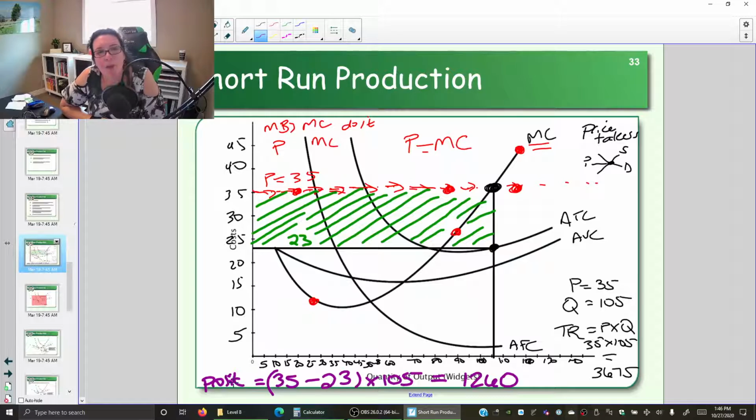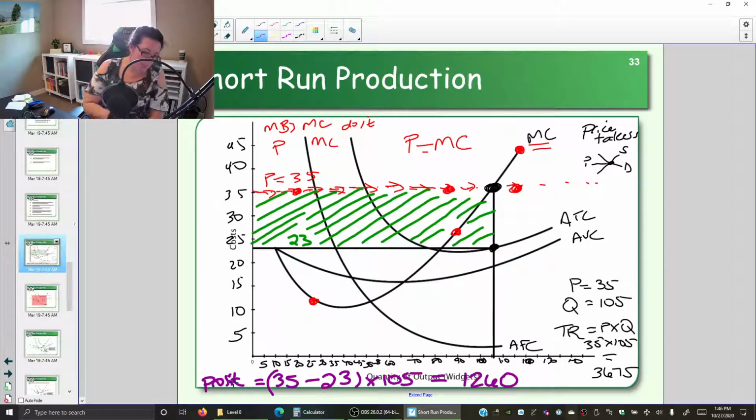The question becomes, at what price, because we're a price taker, would we just break even? Where would our economic profit be zero? That is, we're covering the explicit costs, but we're not doing better at this than we are anything else. And where is the shutdown price? That is, where is the price at which we are better off closing the doors and going home?